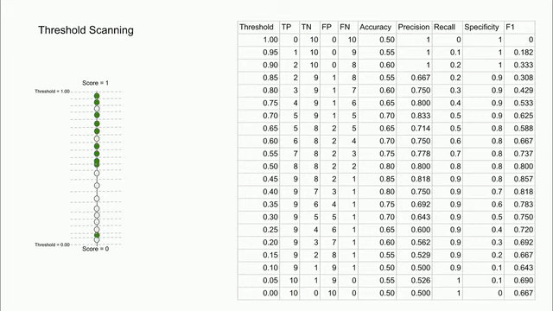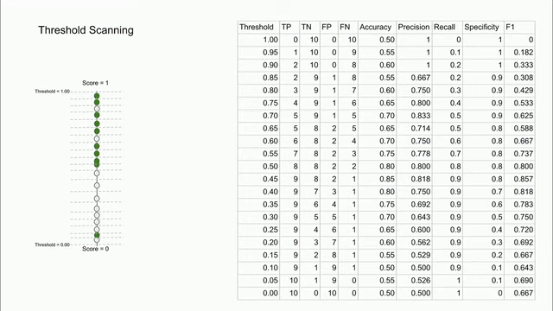Then you can record what each of your metrics will look like according to this threshold scanning. Basically, each one of these thresholds is giving you a different classification model. Because if you set your threshold to 0.05, then your classifier is going to return 1 for anything that's above 0.05 and 0 for anything that's below.